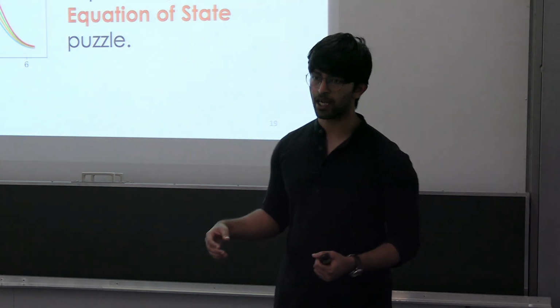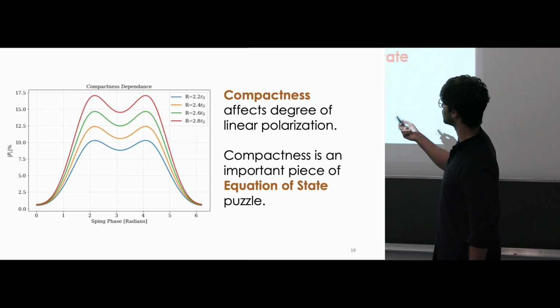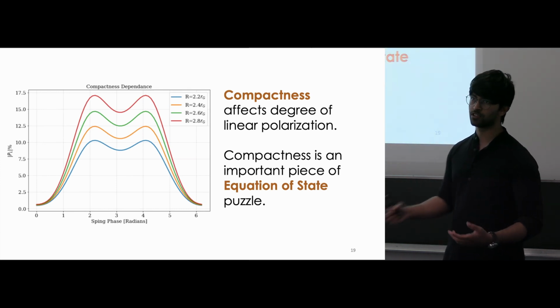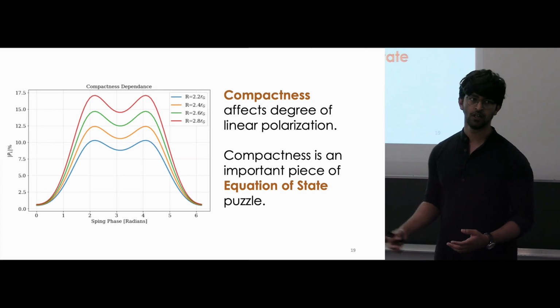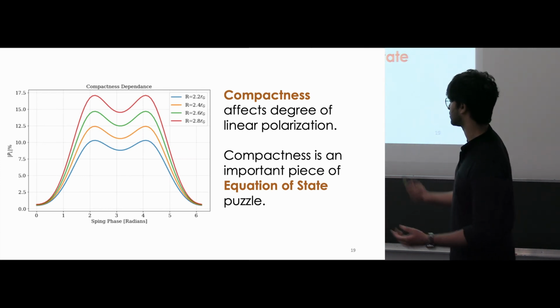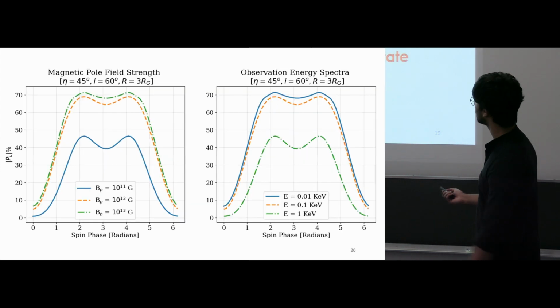So for a more compact object, we expect a lesser degree of linear polarization, and that's what we see here as well. And this might be one of the strongest pitches to do polarimetry of these objects, because it can help us constrain the mass radius relationship, because compactness is an important piece of the equation of state puzzle.